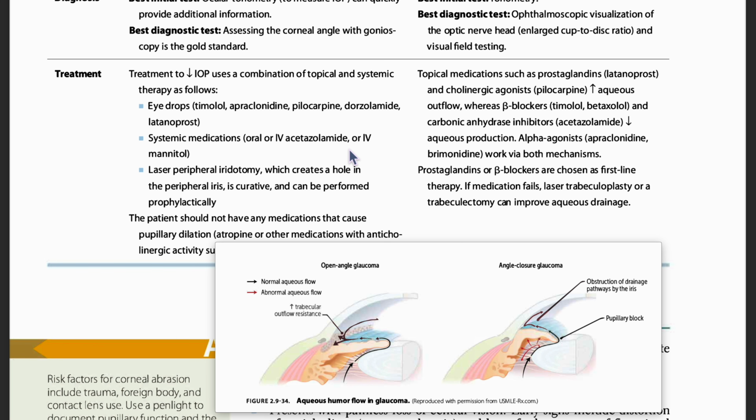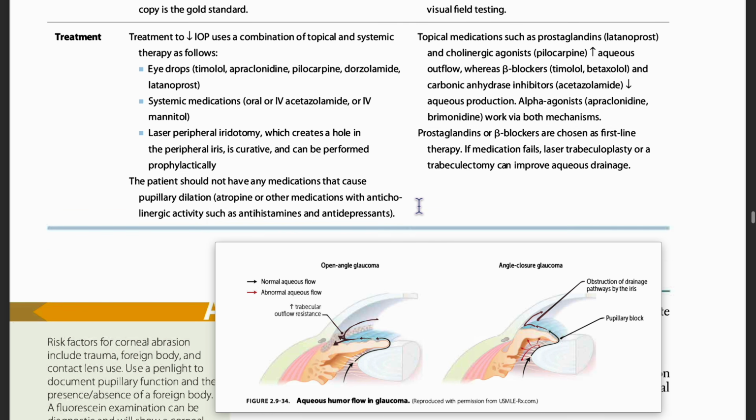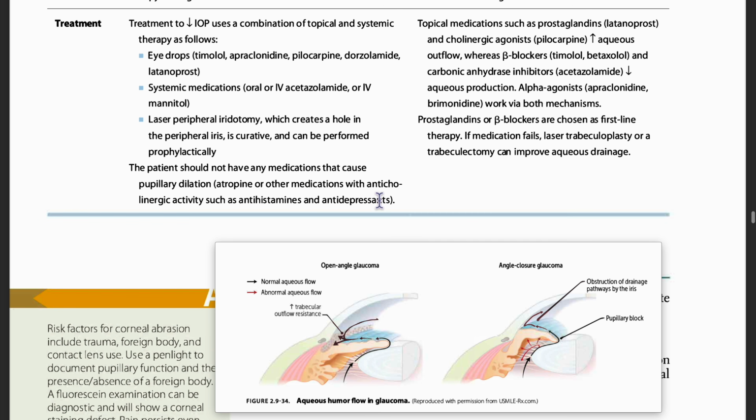Laser peripheral iridotomy, which creates a hole in the peripheral iris, is curative and can be performed prophylactically. The patient should not have any medications that cause pupillary dilation, atropine, or other medications with anticholinergic activity such as antihistamines and antidepressants. Okay.